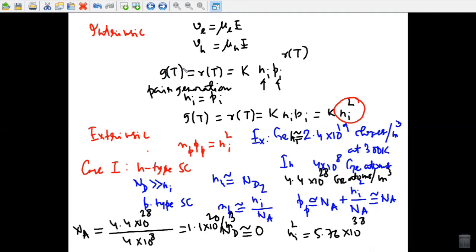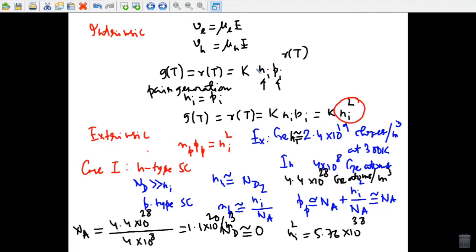So G(T) equals R(T), and this becomes some proportionality constant K times Ni and Pi, the product of Ni and Pi, where Ni and Pi refer to intrinsic electron and hole densities respectively. The proportionality constant K takes into account the charge densities and properties of the semiconductor material.